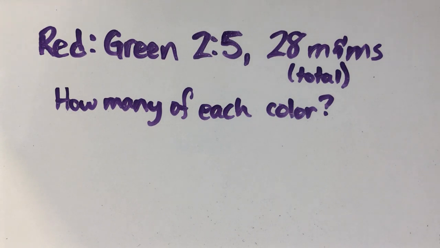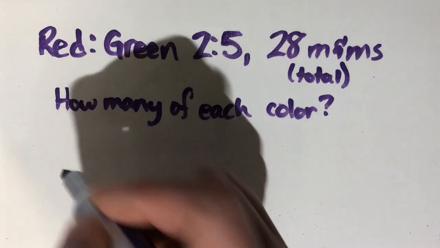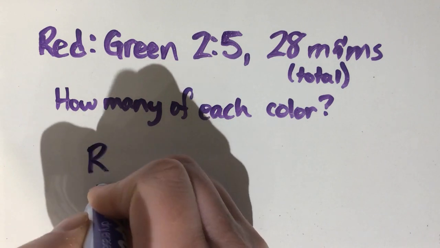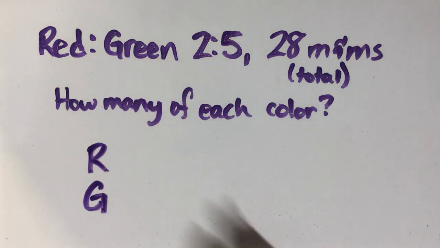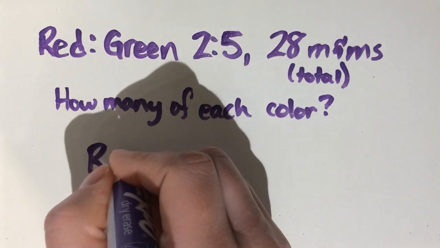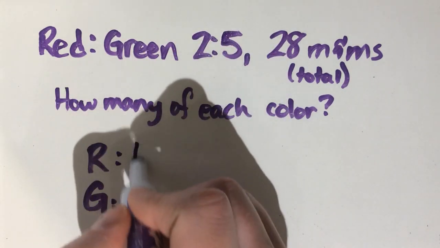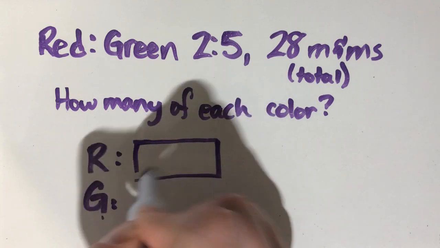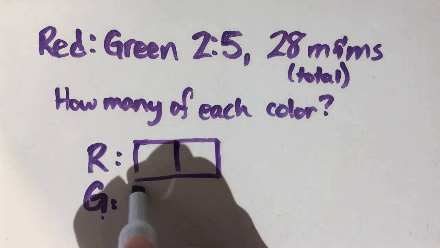I'm going to go ahead and begin solving now. Hopefully you've solved already. I'm going to start by labeling my tape diagram, reds and greens still, staying with the original ratio, red to green. I know that there are going to be 2 parts red and 5 parts green.